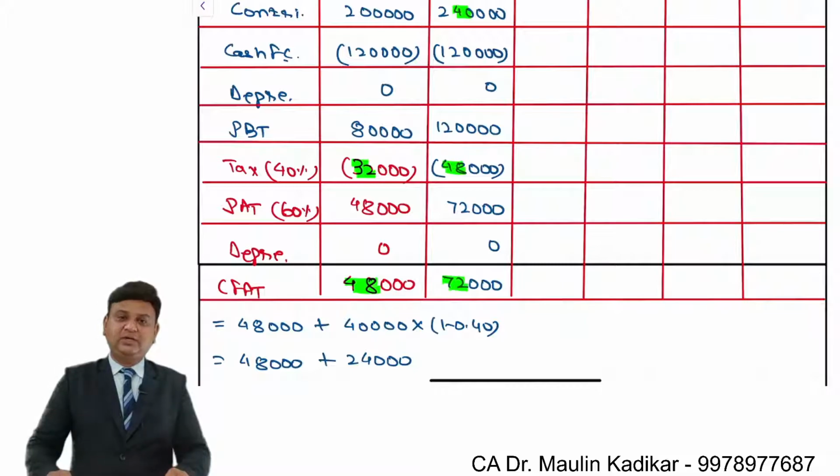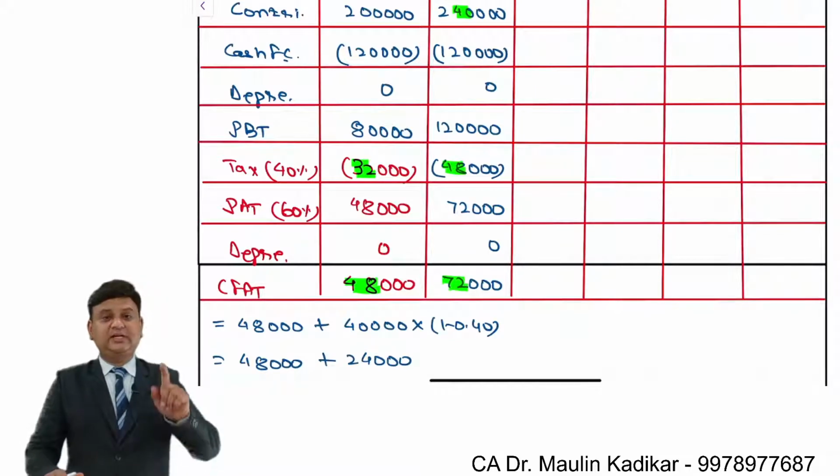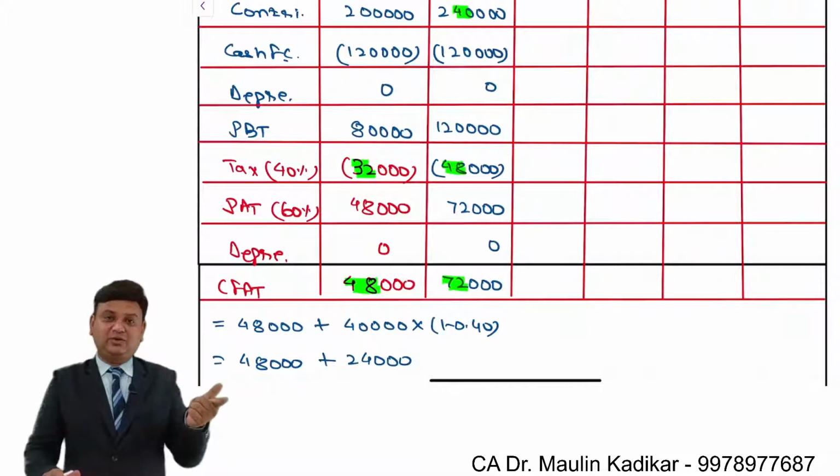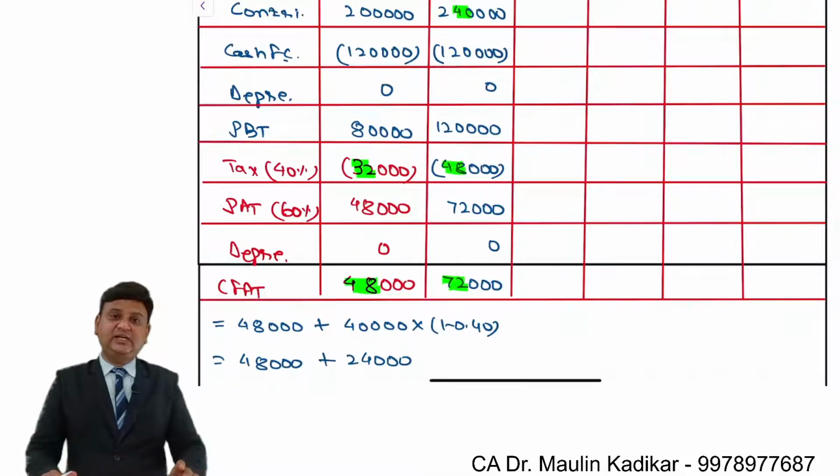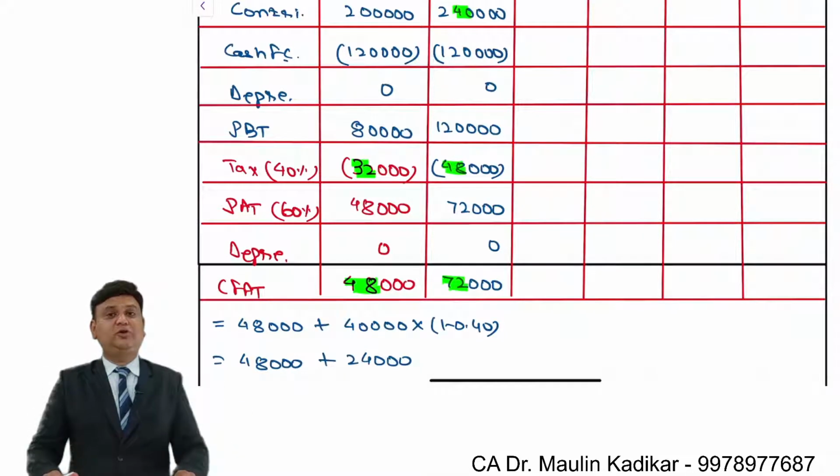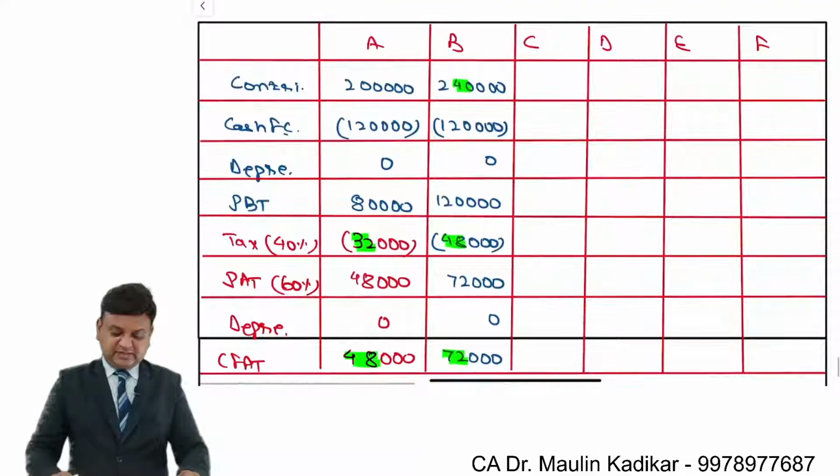So friends, always remember that whenever there is an increase in the income, there is no increase in the cash flow by the same amount, because with the increase in the income, your income tax liability will also increase. So your cash flow increases with the post-tax value.